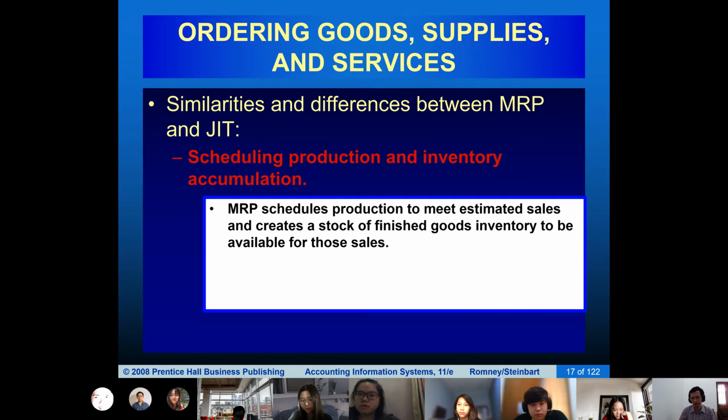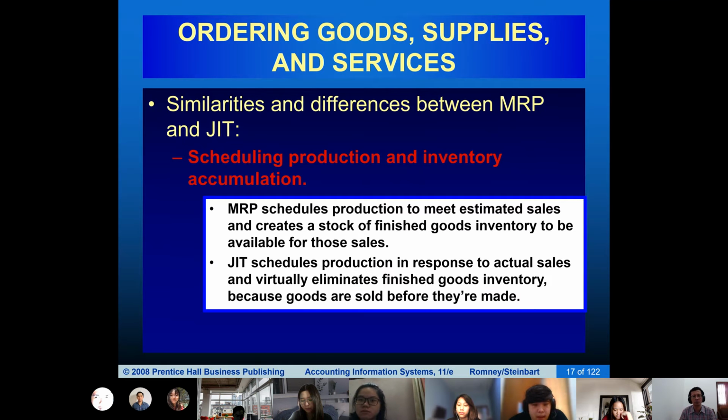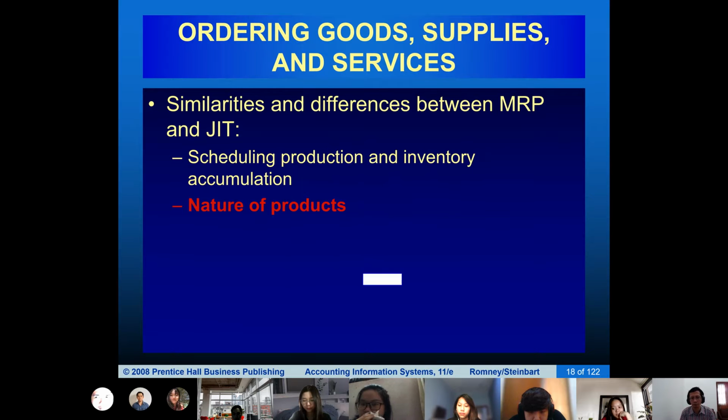So what are the similarities? The similarity is that MRP is able to meet the sales estimate, therefore reducing the safety stock. Just in time also has this capability of reducing the safety stock.